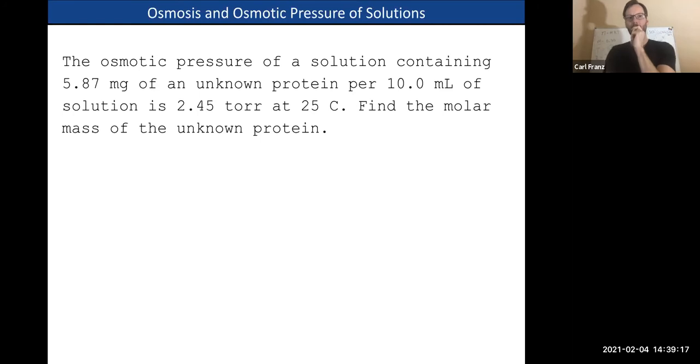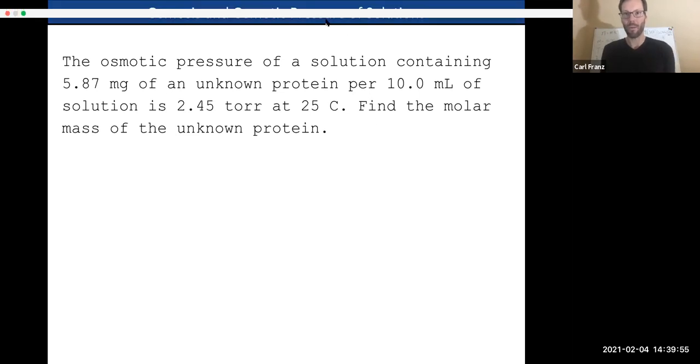Okay, so it's giving us the osmotic pressure of 2.45 torr. And it's giving us milligrams per mil, which hopefully you guys know what to do with there, right? We can convert these to get at molarity. And we have temperature, right? And so let's see what you come up with. Pause it, give it a go, and then we'll go over it together.